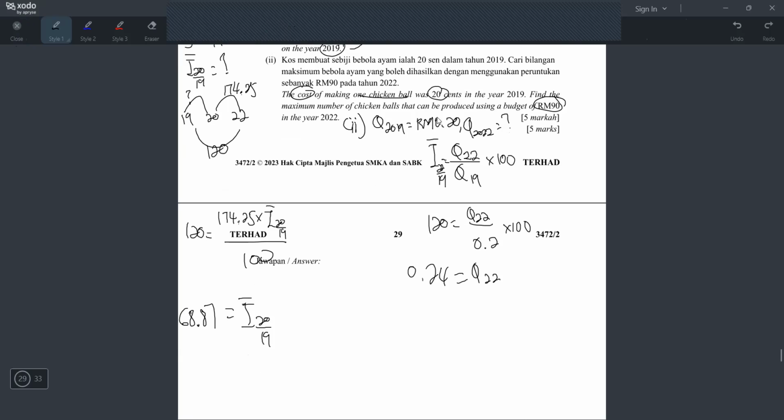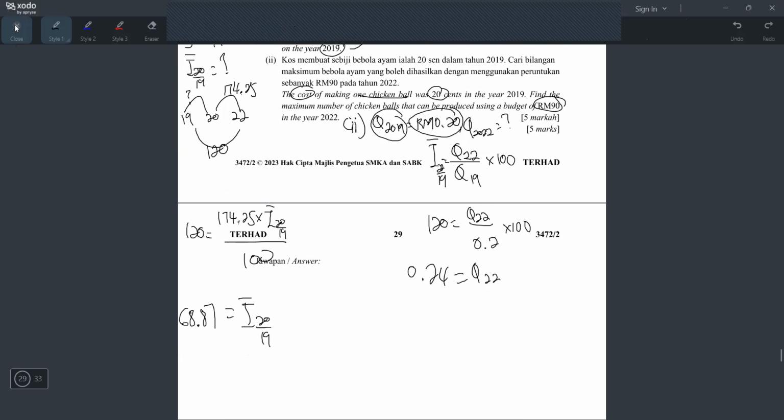So the 20 cent is the cost of making one chicken ball in 2019. And my plan earlier was to find the cost to make one chicken ball in 2022, which I found already is 24 cents. But since they say they have a budget of 90 ringgit, what is the number of chicken balls?